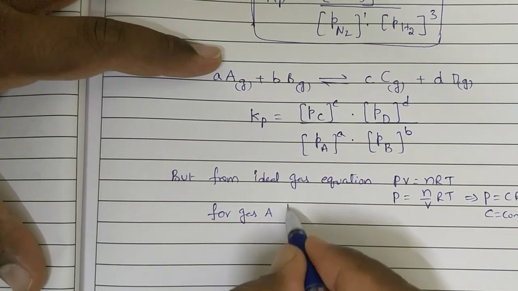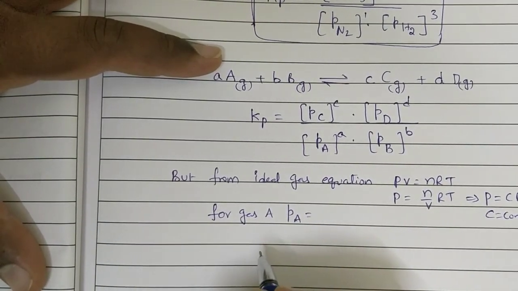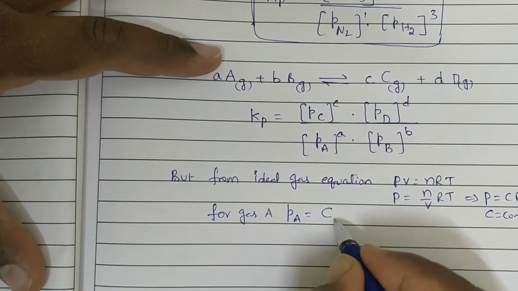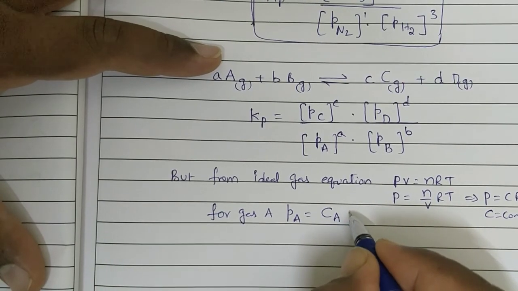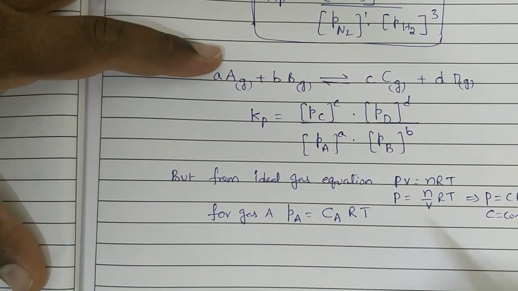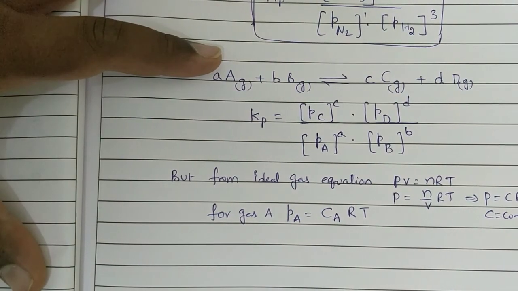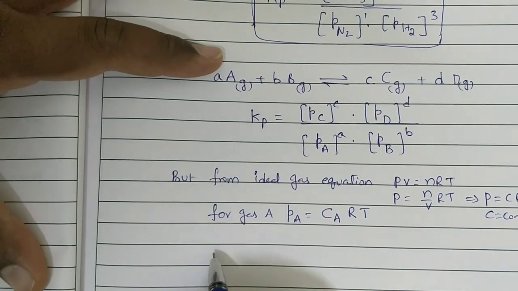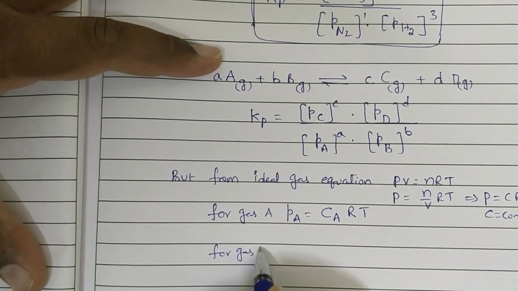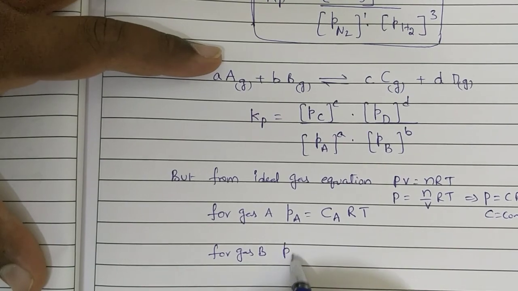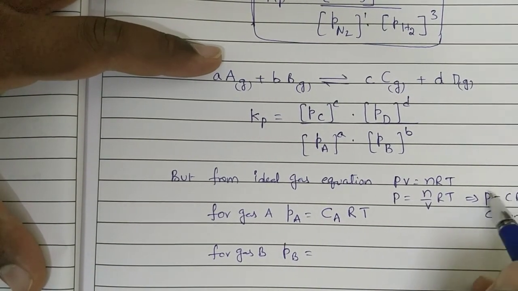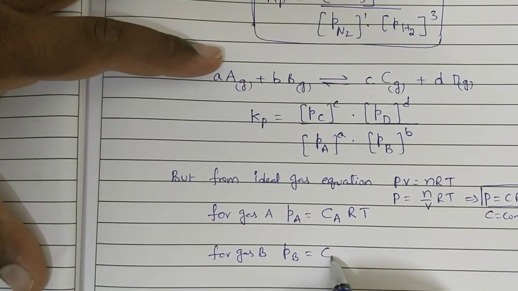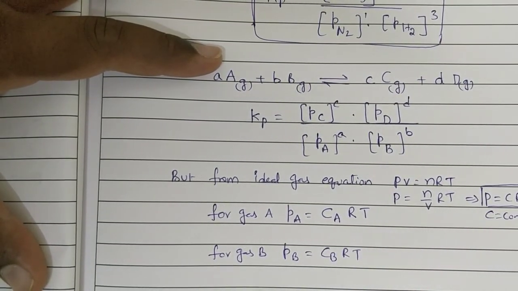For gas A, the partial pressure of A is equal to the concentration of A into RT. Next, for gas B, the partial pressure of B is equal to concentration of B into RT, since I am applying P is equal to CRT for every gas.